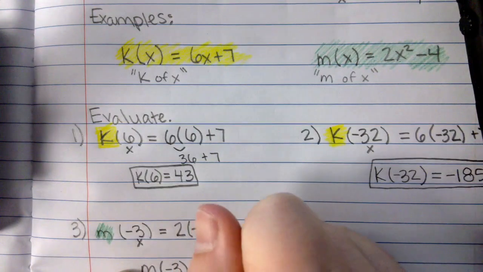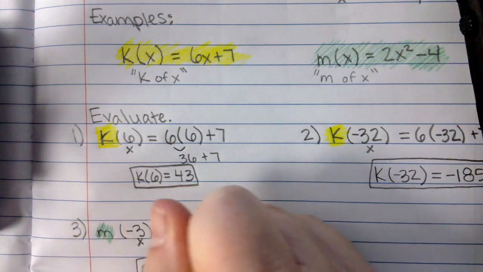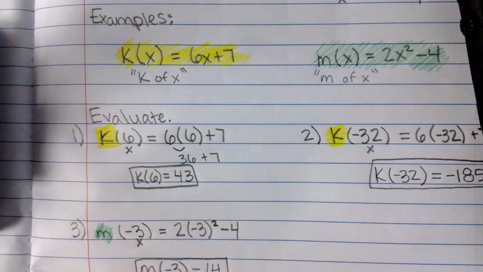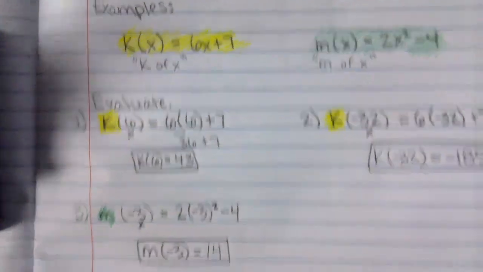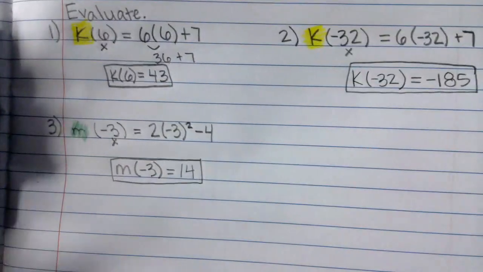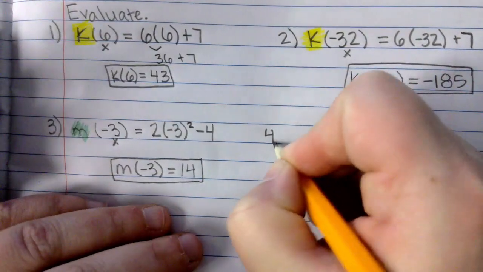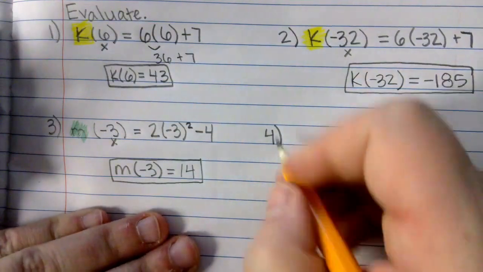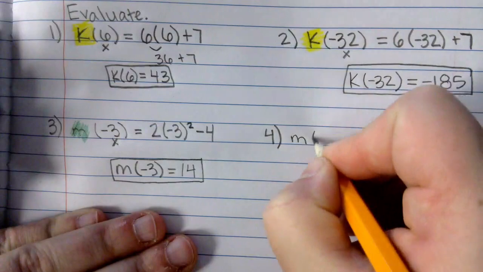Alright, we're going to do one more, number 4. And this time we're going to do m of 6 plus k of 9.